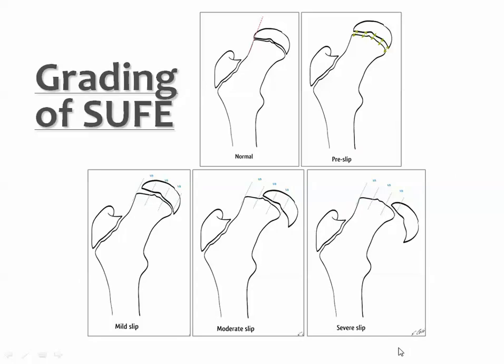And these are the grading of the epiphyseal slippage. In normal conditions, you remember this line along the lateral edge of the femoral neck will intersect part of the epiphysis. In the pre-slip stage, you get only widening of the physeal plate.